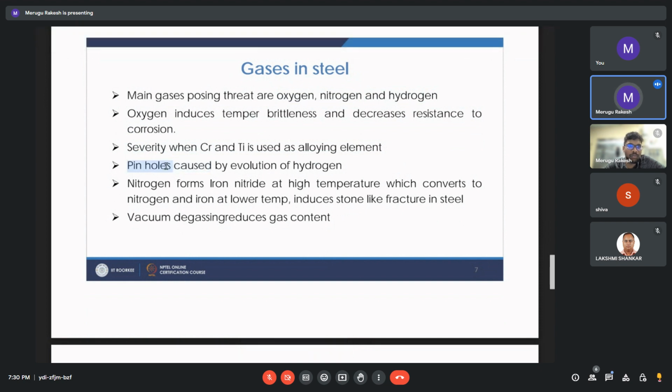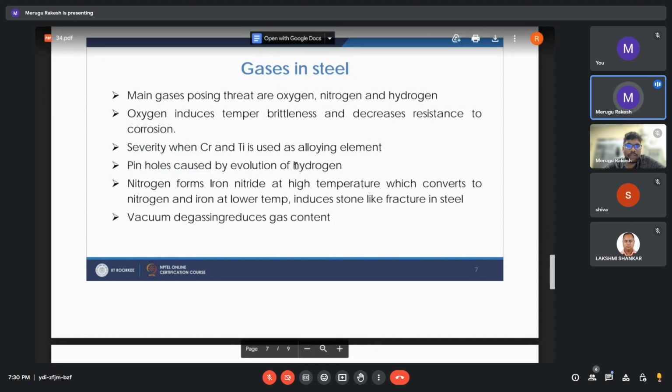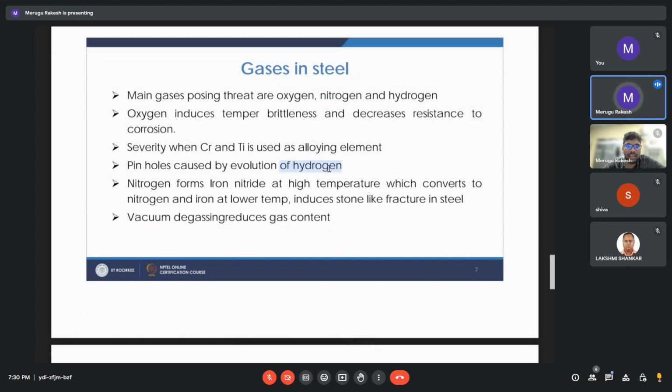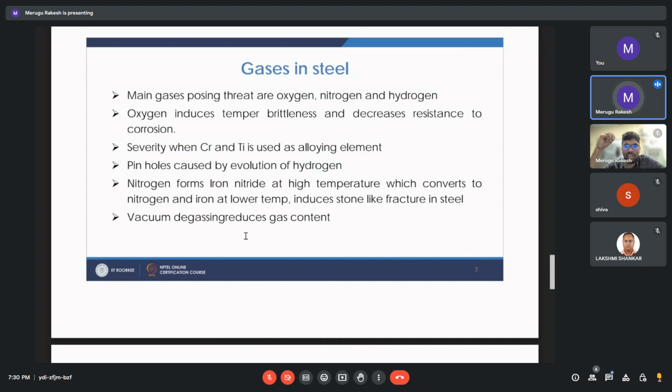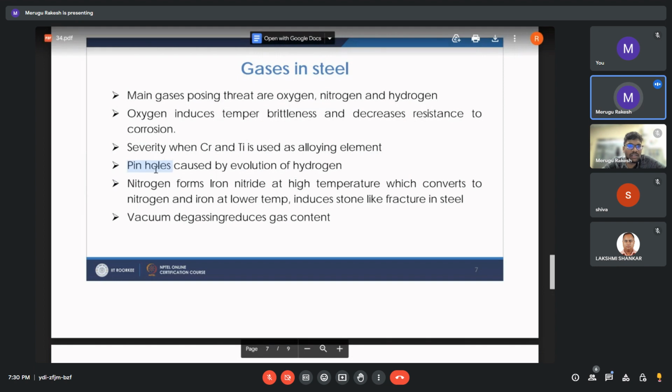It forms these pinholes. While transferring from the liquid to solid, the solubility of hydrogen decreases, and it will try to go out of the mold. From the middle of the mold or from somewhere, it will go till the top and go away. So it will form a path. That is nothing but the pinholes.